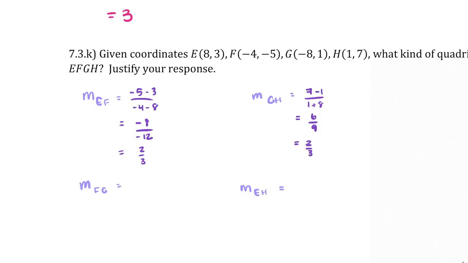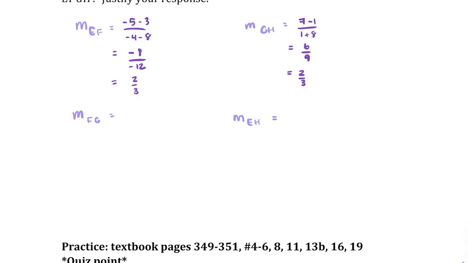Another 2/3! And here, we get 1 plus 5, and negative 8 plus 4, which reduces to 6 over negative 4, which is just negative 3 over 2. And here, we get 7 minus 3 over 1 minus 8, which reduces to 4 over 7, and that is negative.